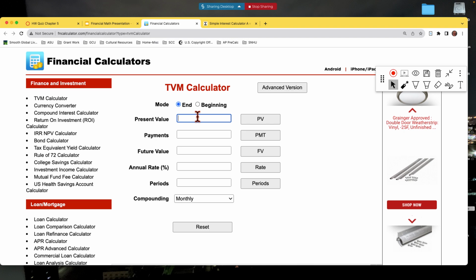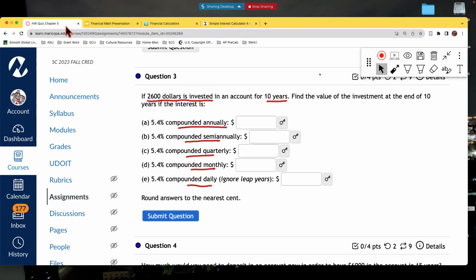Yes, it does, because they have to give up use of that money. They're giving it to the bank who will use it for them. So we'll make that negative 2,600. Now there are no regular payments. They do just the one time. They're investing the money, not making regular payments. We're going to go for 10 years.